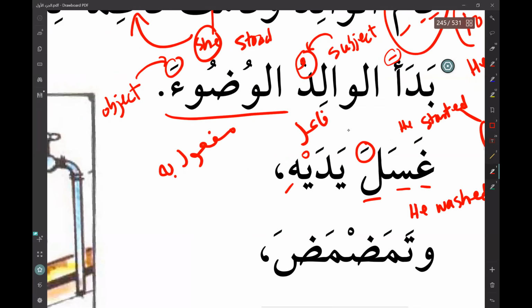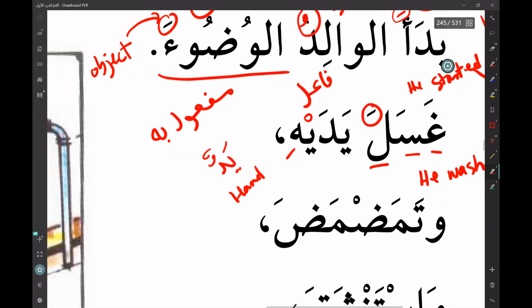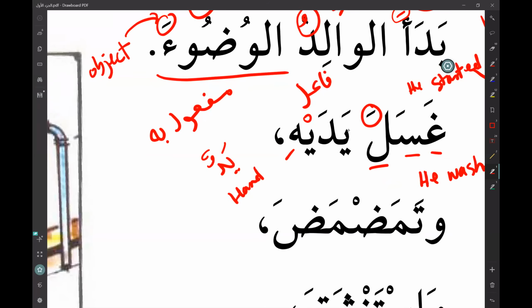What is yad? Yad is hand. How do we say two hands? Yadani. We've done this in this book, right? Remember, the dual in Arabic is very simple. All we have to do is add alif and nun. Yadani.